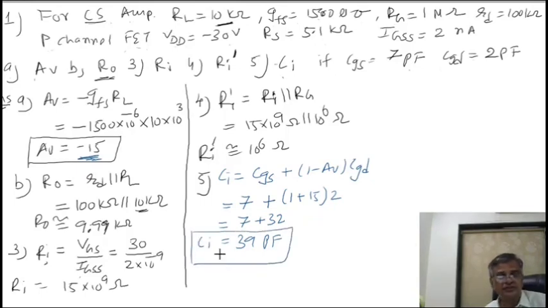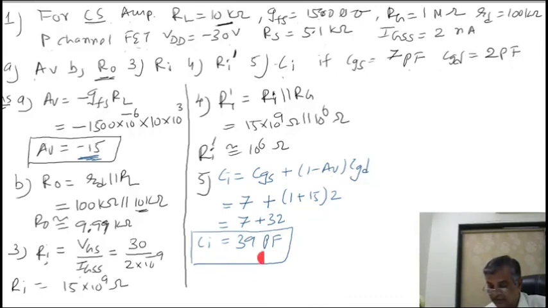Generally this is asked as a 5 mark question: derive, find or calculate the value of AV, RO, RI, RI dash, CI. Here students generally make a mistake. They put AV as 15; do not put 15, you have to put minus 15.